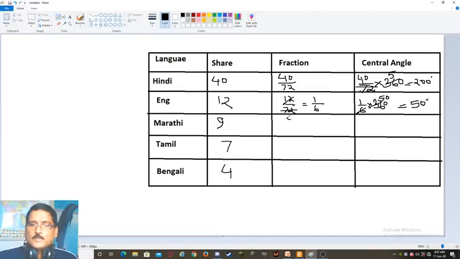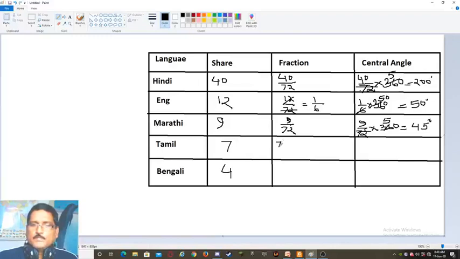Then 9 by 72 multiplied by 360. Okay, if I cut, it is coming 5 9s are 45 degree. Got it?